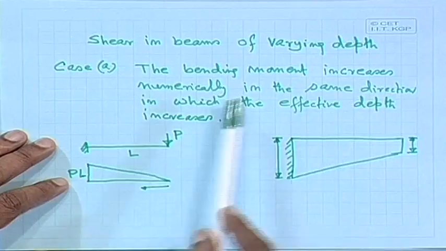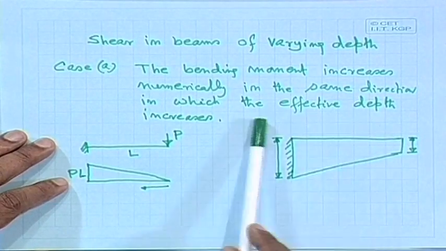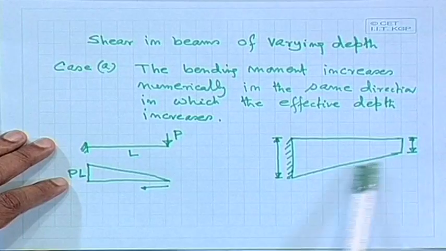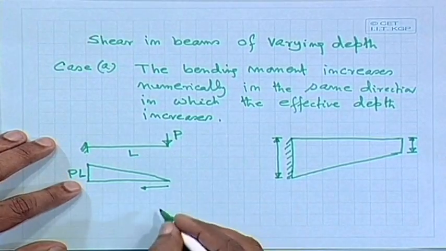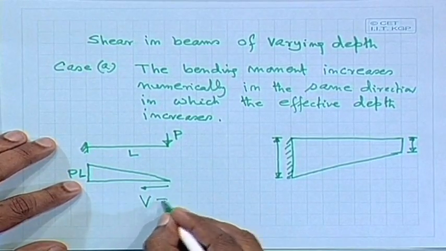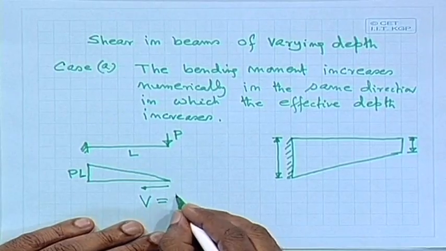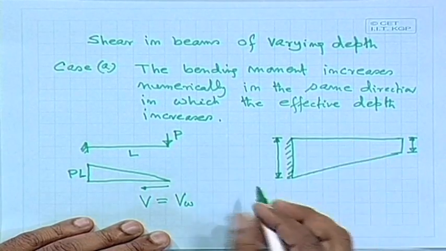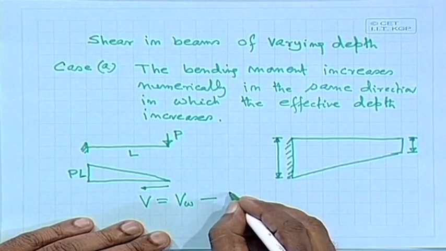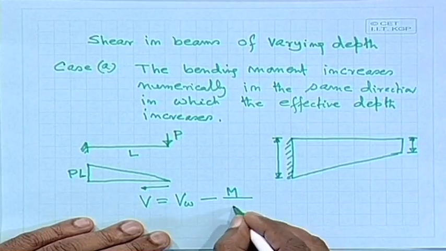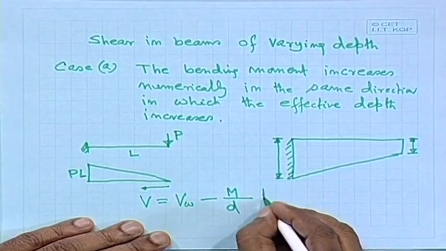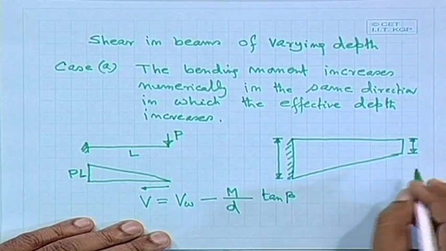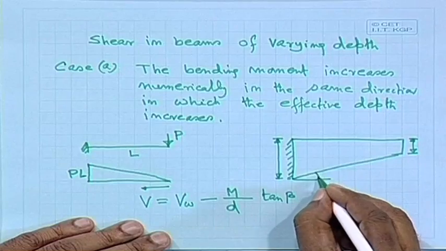Bending moment increases numerically in the same direction in which the effective depth increases. In that case, V will be equal to V, whatever the shear force we get at that particular cross section, minus M by d, effective depth, times tan beta. What about beta? Beta means this angle.